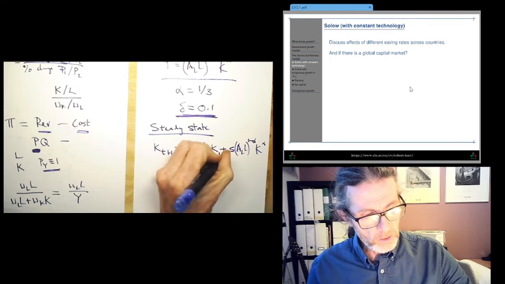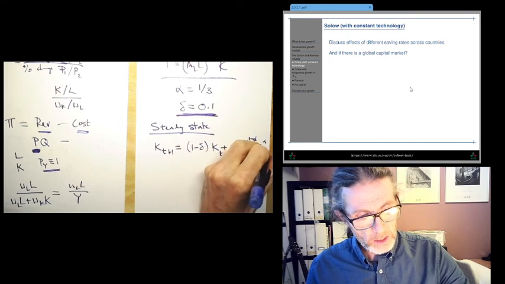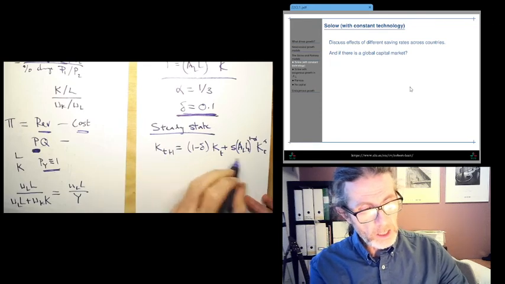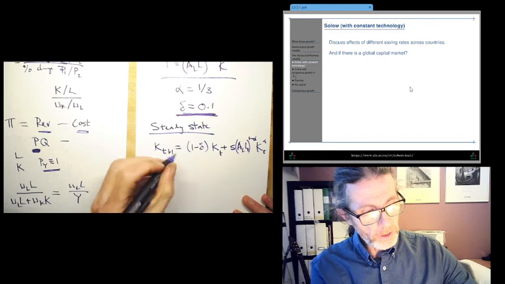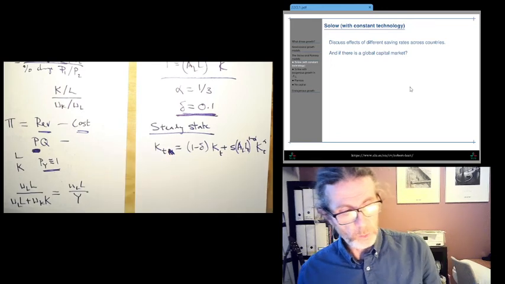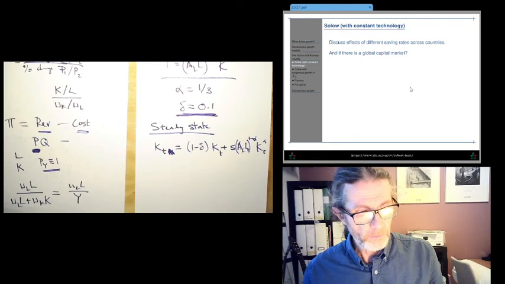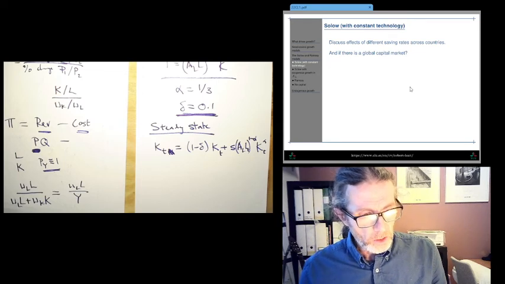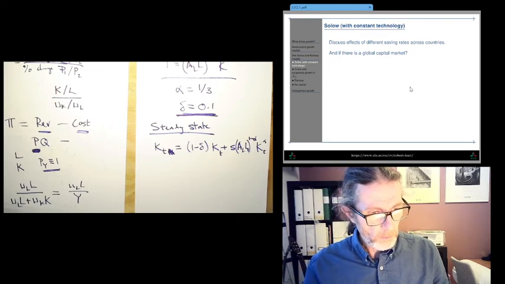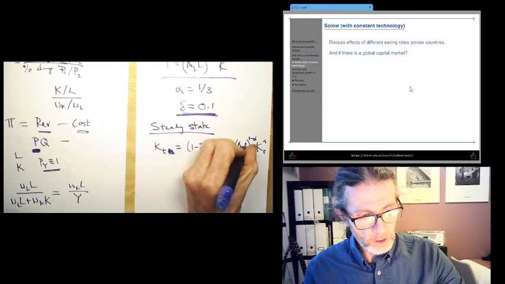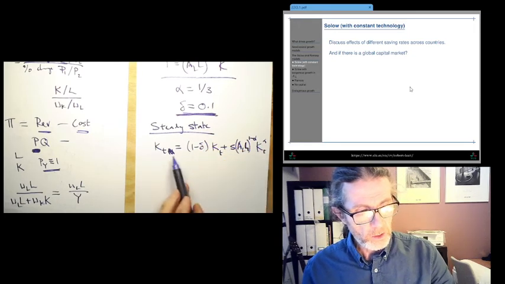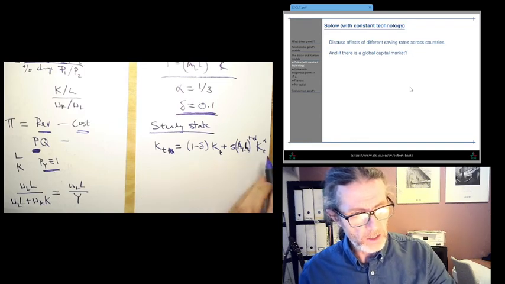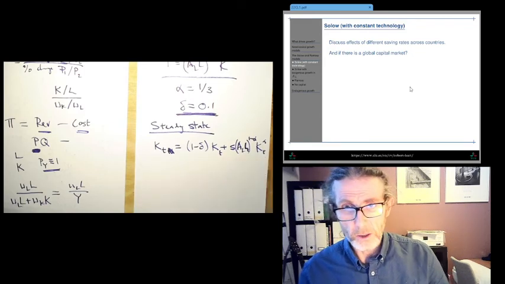But then if it's a steady state, we know that K_{t+1} should be equal to K_t, so we can drop the t subscripts. And L is just constant. Yeah, L is given. So now we can work out K, can't we? We've got K, everything else is known.